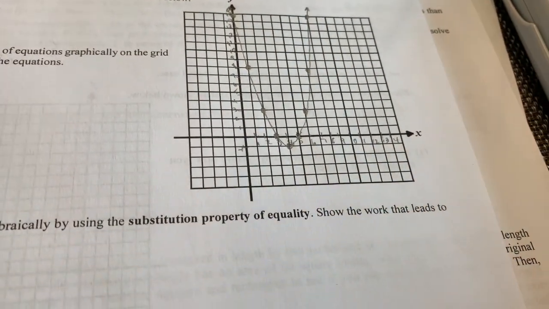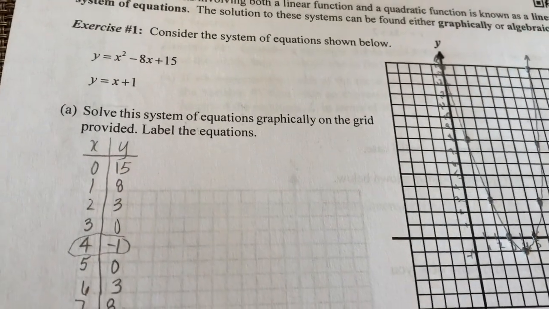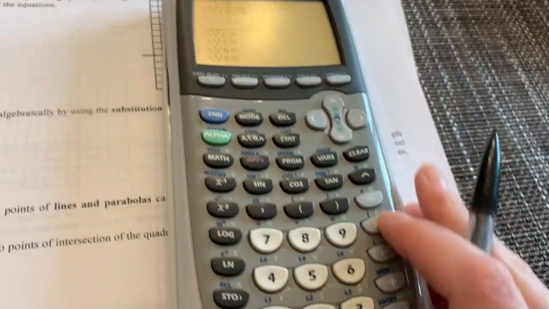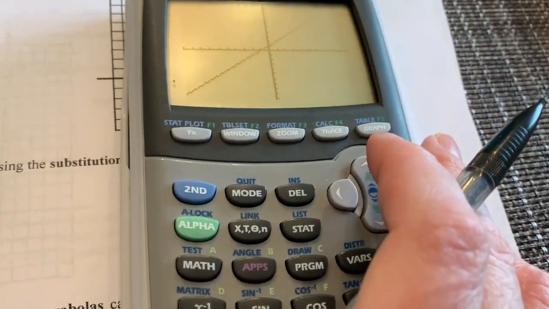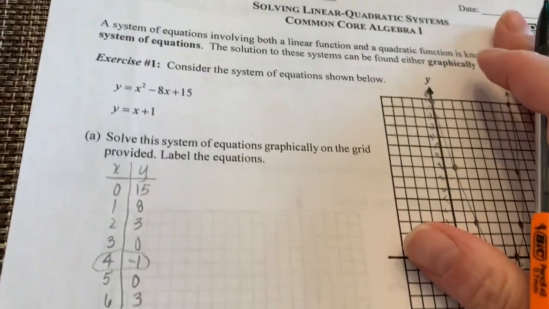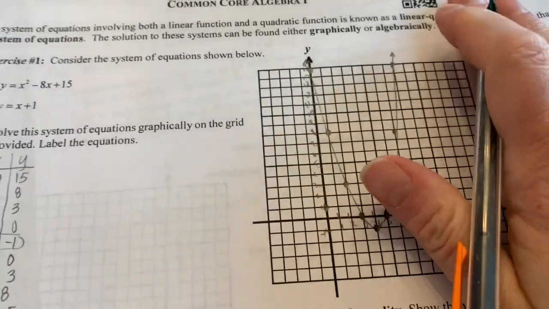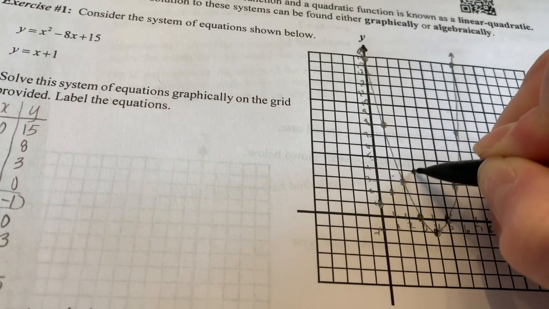Okay, and now for the second, we have x plus 1, so you can plug it in here. And let's make our lives a little bit easier. We know that our y-intercept is at 1 because it's right there, and this is a slope of 1. So it's up 1 over 1, up 1 over 1, up 1 over 1.